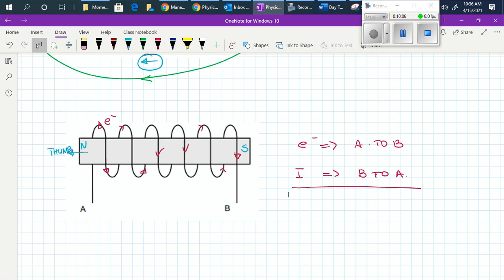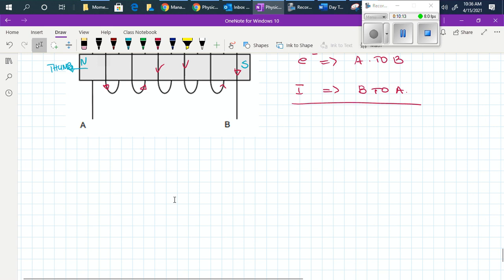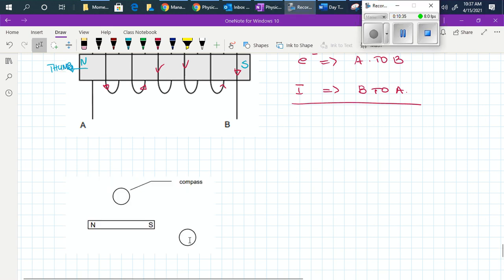Okay, so let's bring some questions here about the magnetic field or the first and second applications of the left-hand rule, and then we'll stop this video here, and then we'll continue with the third left-hand rule.